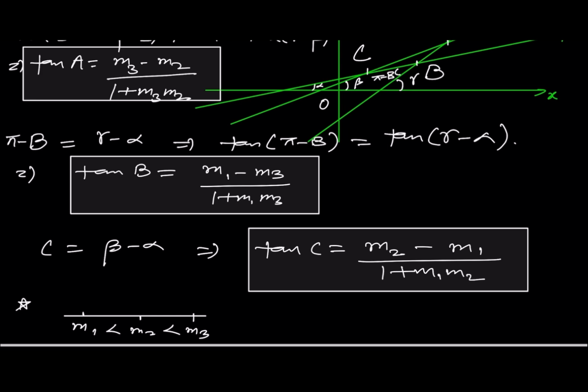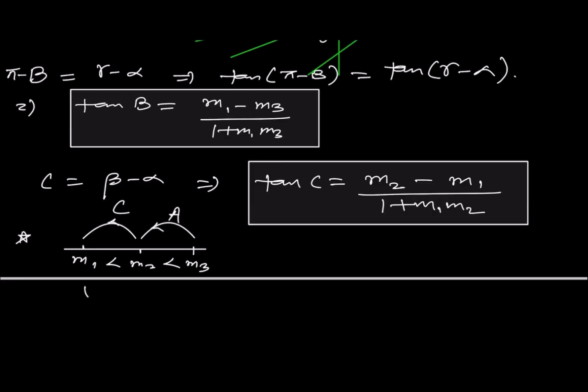So for angle A we are going from m3 to m2, and for C we are going from m2 to m1. For B we are going from m1 to m3, right?